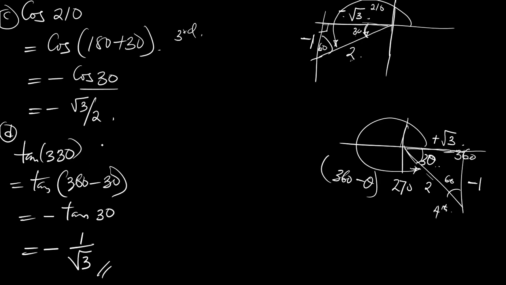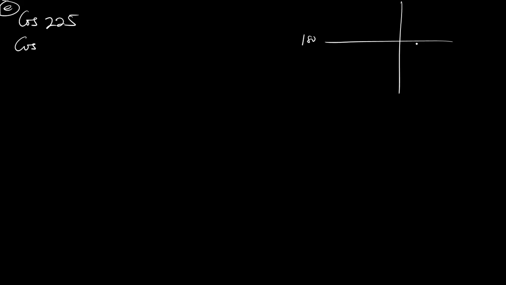So then for this under one we have cos 225. So here's 180, and 225 is more than 180 but less than 270.